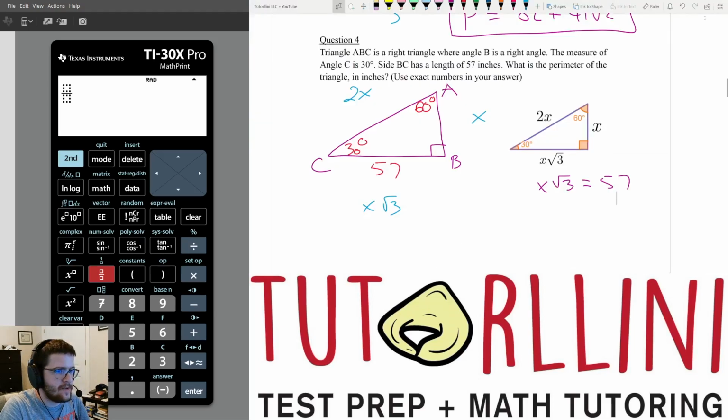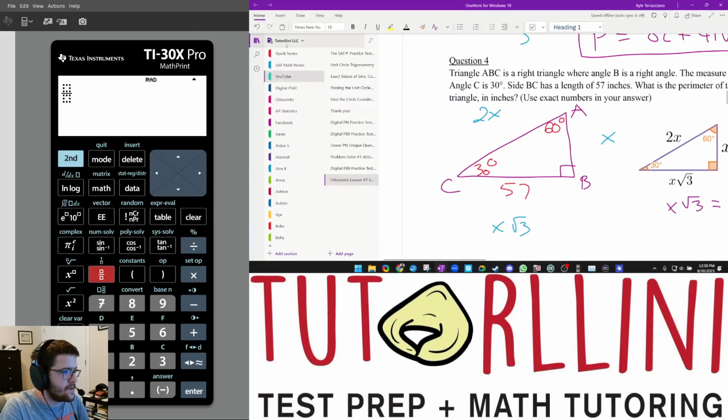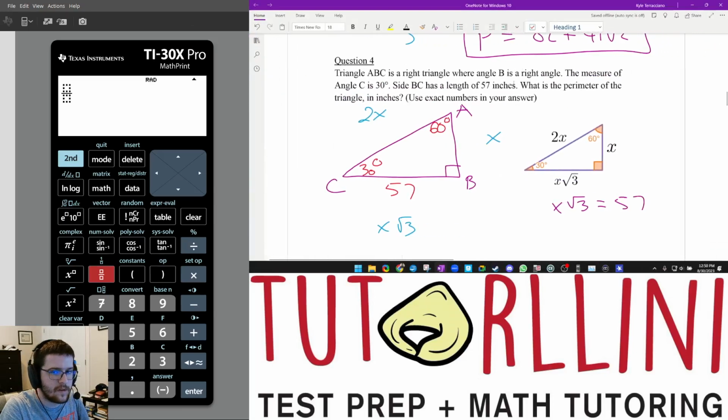I don't know why it keeps doing that. Here, how about I do this? That might be a little bit better. Okay, so we're going to do 57 over root 3. And it seems we get 19 root 3.